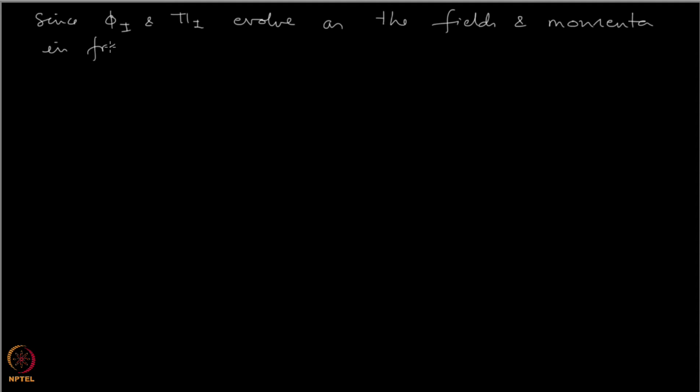So let me write: since phi I and pi I evolve like the field and conjugate momenta in free theory, where by conjugate momentum I don't mean physical momentum, we expect that they will satisfy the following commutation relations.